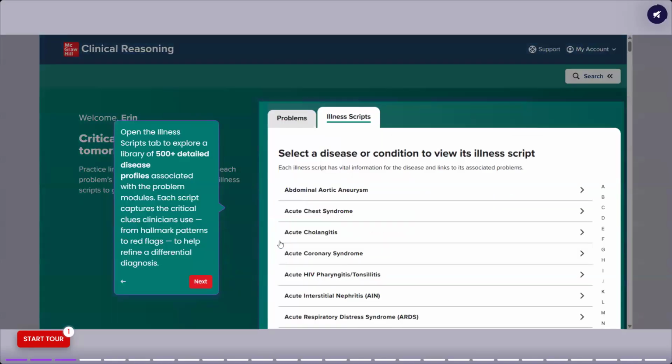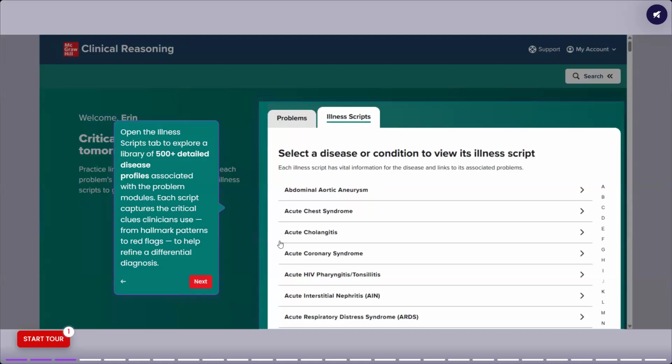The illness scripts, as I mentioned before, there will eventually be over 600 detailed illness scripts. At the moment, there's a huge number of those already there to explore and practice with. And these are associated with the problem modules.